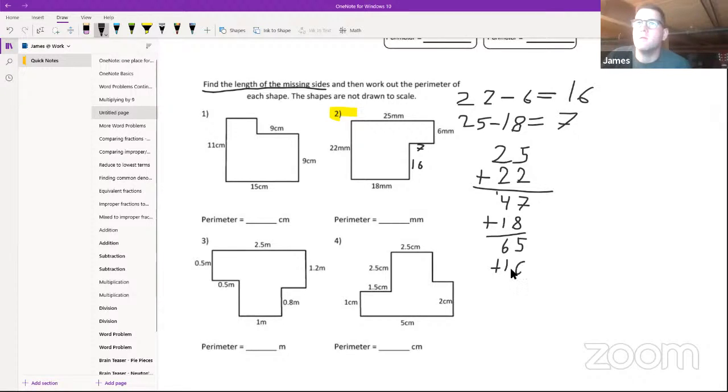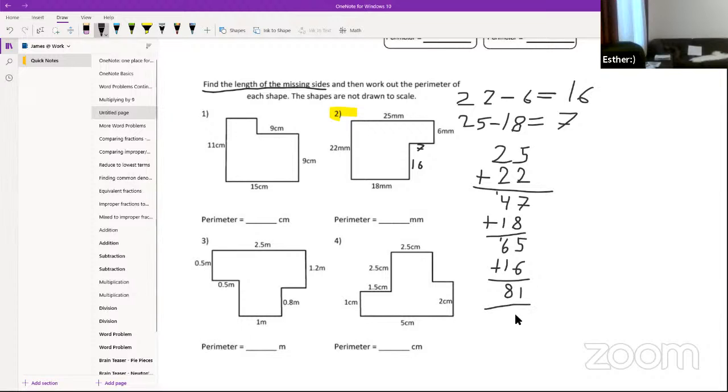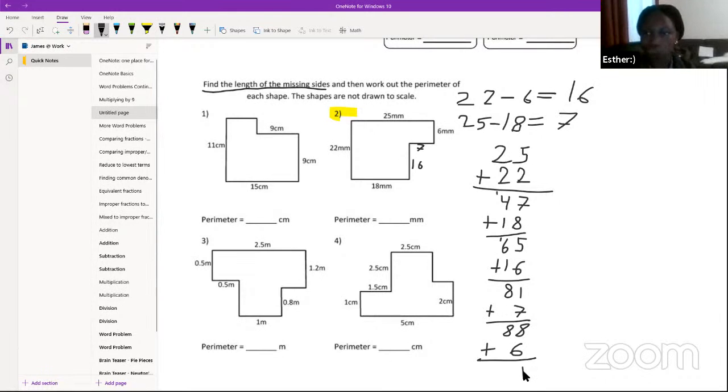Plus 16. Plus 7. 88. Plus 6 is 94. 94 is the total.